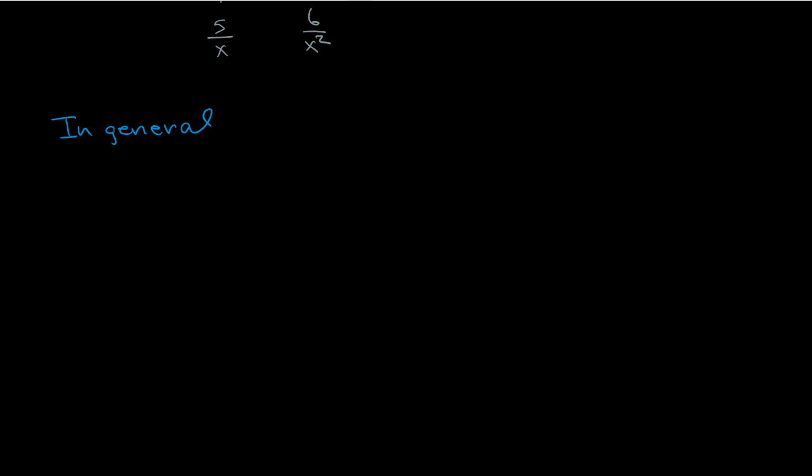if you have a situation where the degree of the numerator, the degree talks about the highest power, is equal to n, and the degree of the denominator is equal to m, some other thing, like the numerator could be x squared and the denominator could be x cubed.